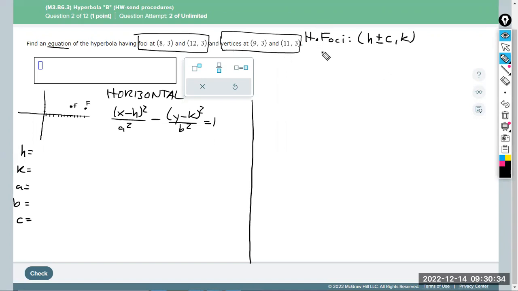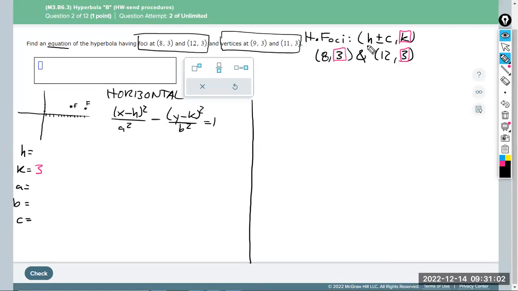And we're given these foci, 8 comma 3 and 12 comma 3. You can see right away that k is 3. So you better start taking note of those values. Make a list like this one, because this is a long exercise.